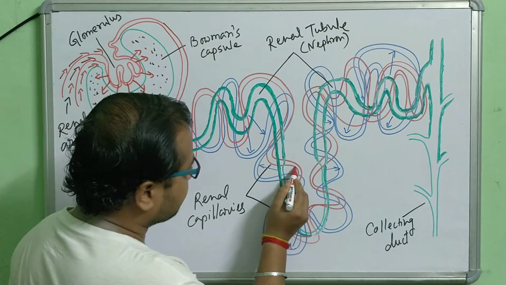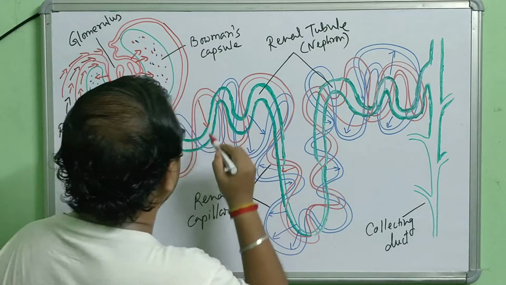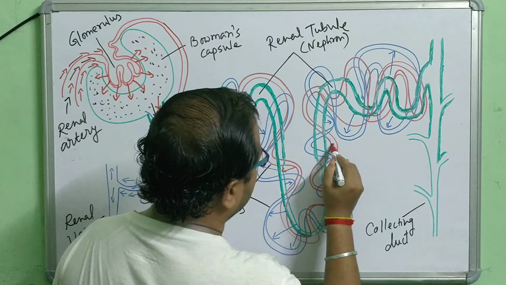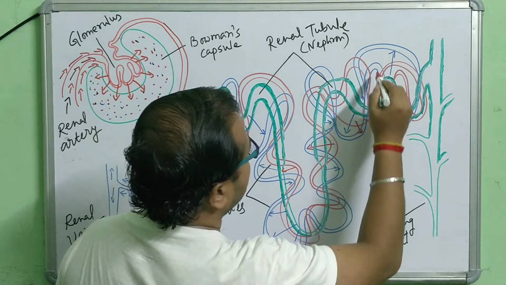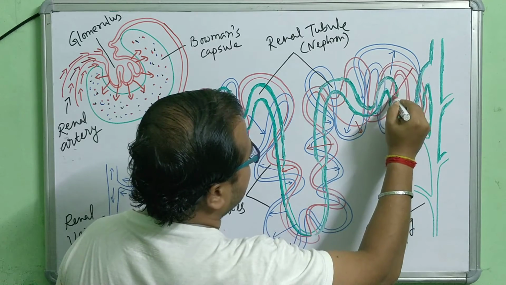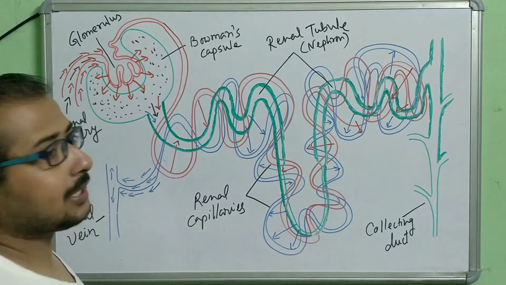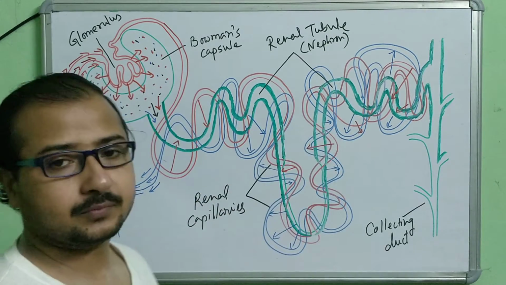From here, the wastes will be coming into the nephron back. So I am giving what? The opposite direction. I hope you are getting now what I am actually doing here. Understood? So all the wastes again from the blood capillaries enter into the nephron.